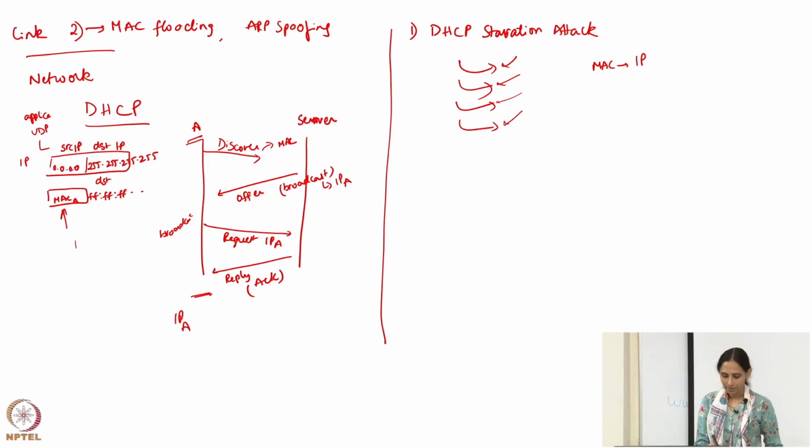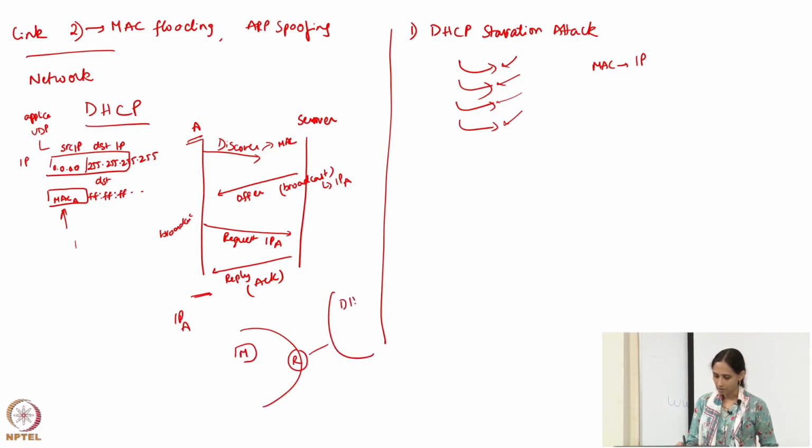It so happens that here is Mallory sitting here, and this is a router, and somewhere else the DHCP server is sitting. It is not sitting within your local area network. Now this DHCP server, because it is outside, the MAC address that it is going to see, the source MAC address of whatever packet it sees, will belong to who?